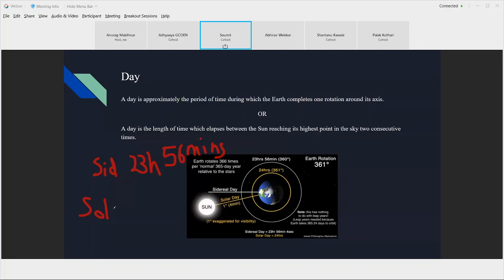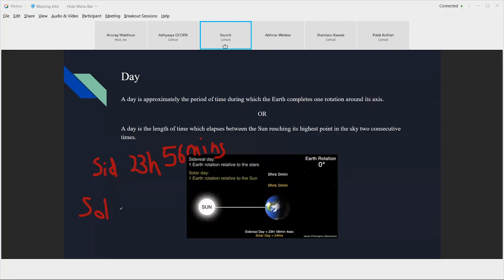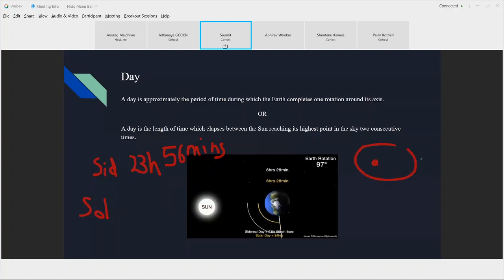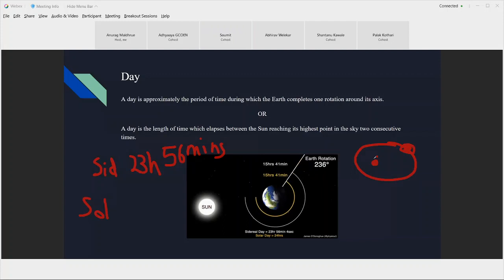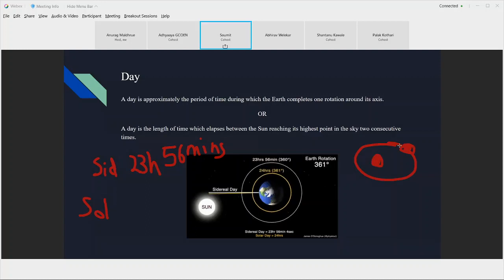As Shantanu has already addressed in his presentation, the Earth revolves in an elliptical orbit. So this is the sun, this is the Earth. I know it's not size accurate, but this is the best I could do. Because it's an elliptical orbit, when it's closer to the sun, it revolves faster.